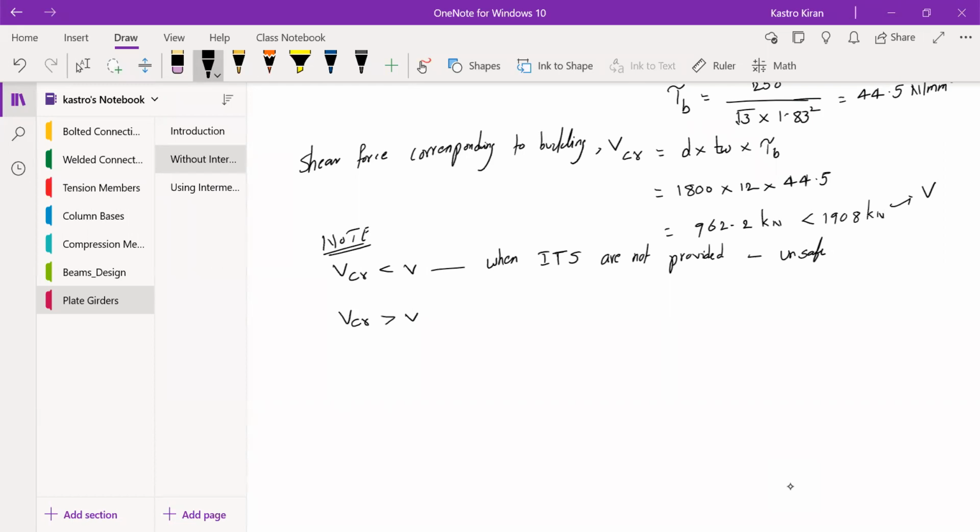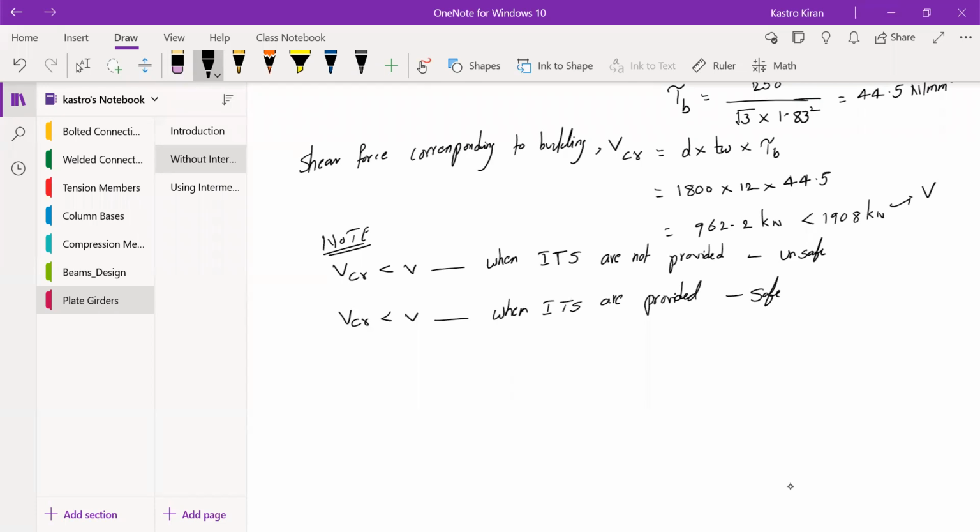Suppose VCR is less than V, but you are providing intermediate transverse stiffeners, then it is considered the safest section.